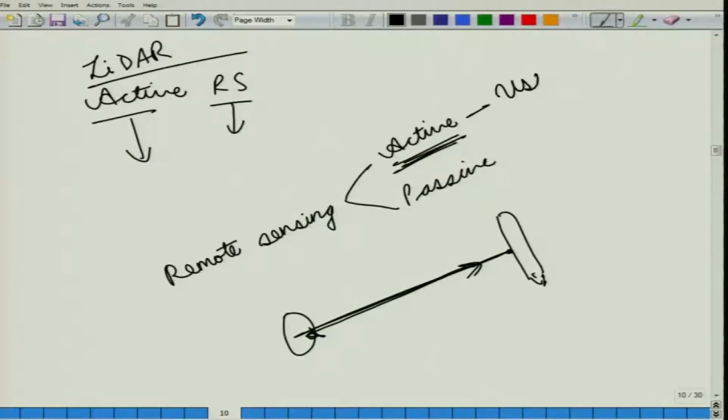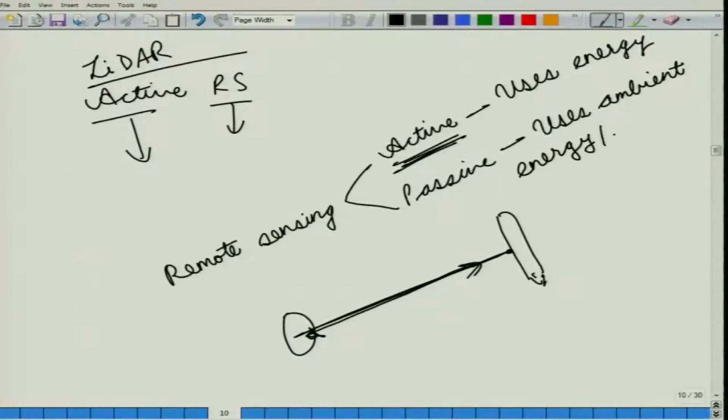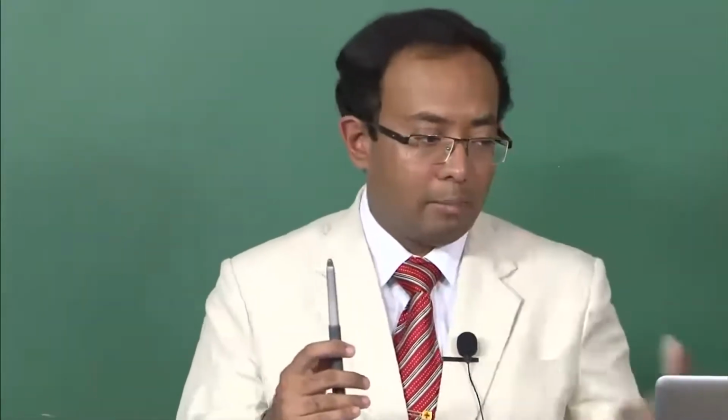So active uses energy, passive uses ambient energy or the sun's energy. Now LIDAR is an active remote sensing technique, which means that when you are using LIDAR you need an energy source to illuminate your object, and the radiations coming out will interact with your object and then come back.